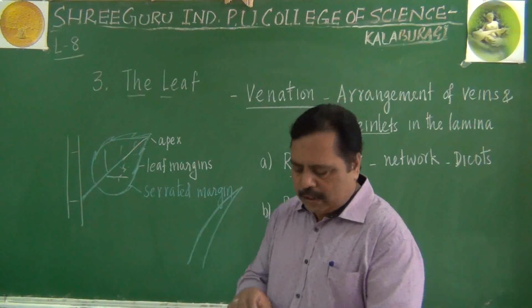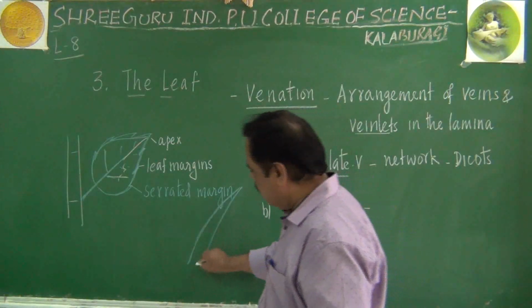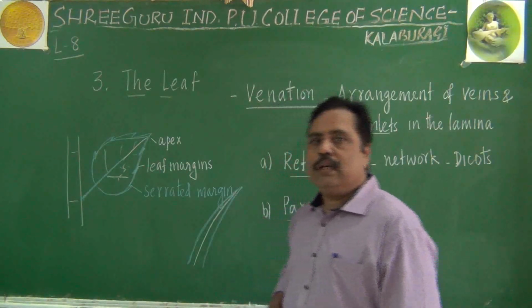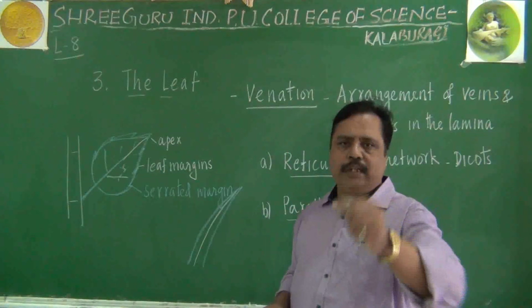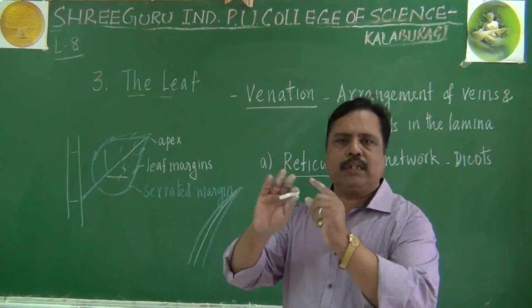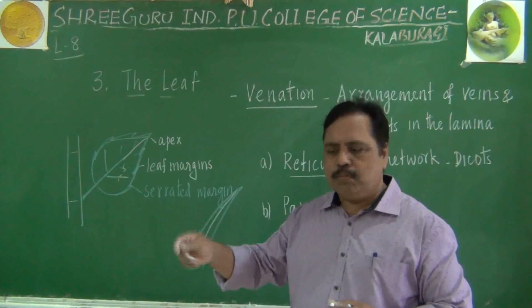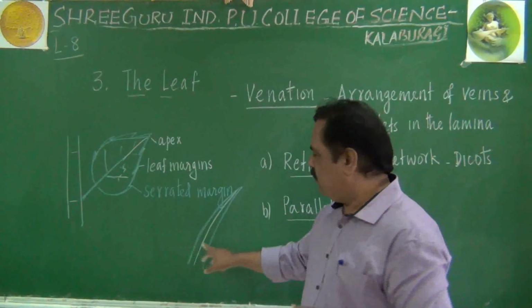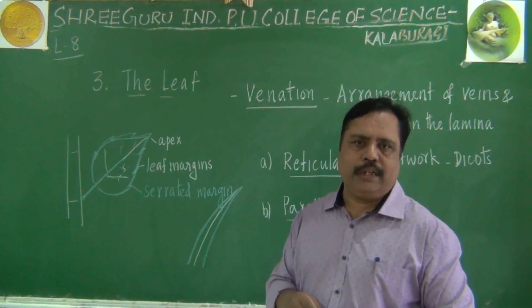In that narrow lamina, there will be a main midrib like this. In the coconut leaf, there is the midrib. That midrib is taken and processed and used as a broom.